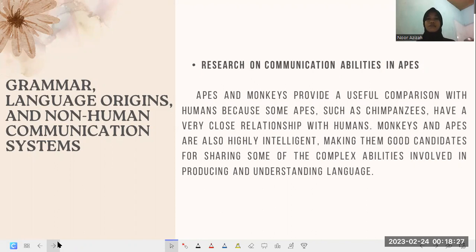Apes and monkeys provide a useful comparison with humans because some apes, such as chimpanzees, have a very close relationship with humans. Monkeys and apes are also highly intelligent, making them good candidates for sharing some of the complex abilities involved in producing and understanding language.